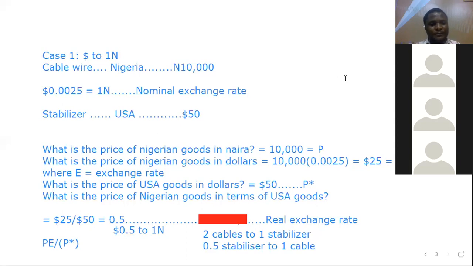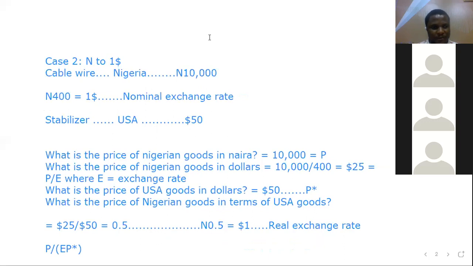Is that better now? Yes, sir. Thank you. No, it's still in naira. I'm changing this one now. So that's going to be dollars, $0.5 to 1 naira.